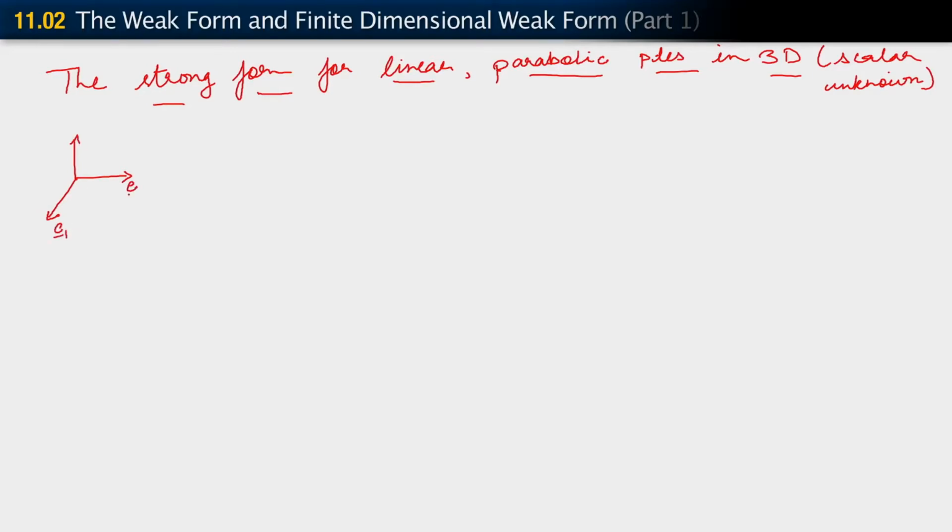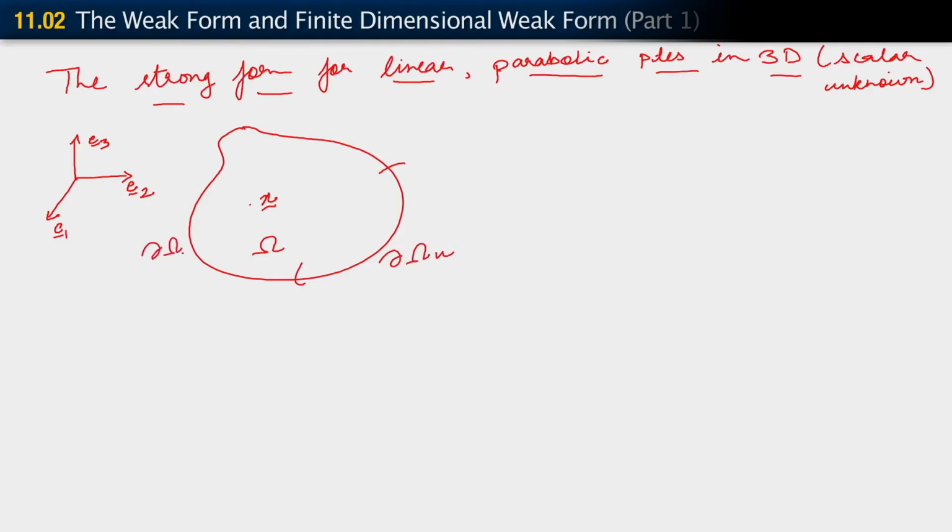We have our basis vectors E1, E2, E3. That is our domain of interest. It is omega. A point on it is x, with position vector x. And we have the setting of our Dirichlet boundary subset and the Neumann boundary subset. Okay, this is the setting.